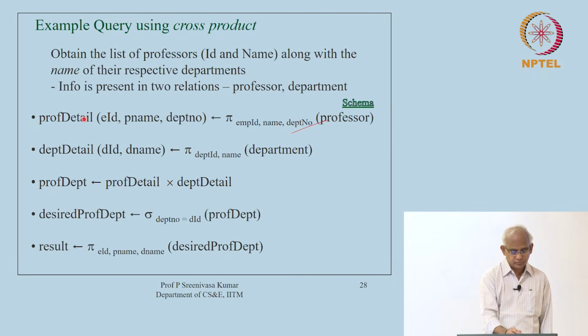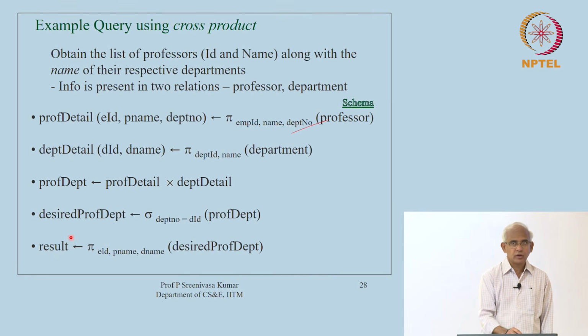So it is a good style to write the expression in this way, where we give meaningful names for the intermediate relations, and then combine them and use many steps to finally produce the result that we want.